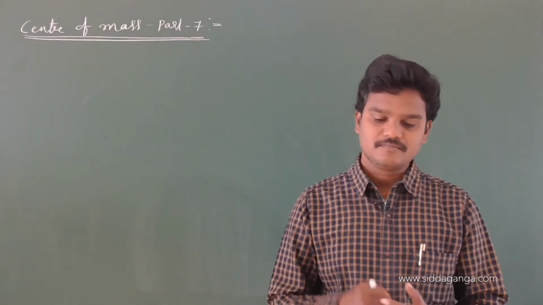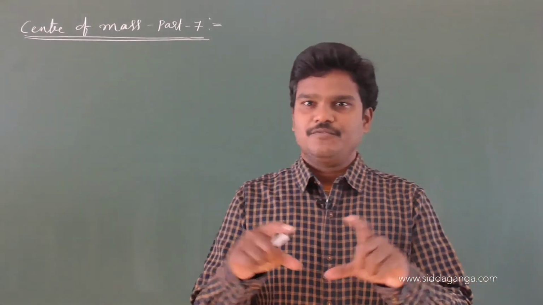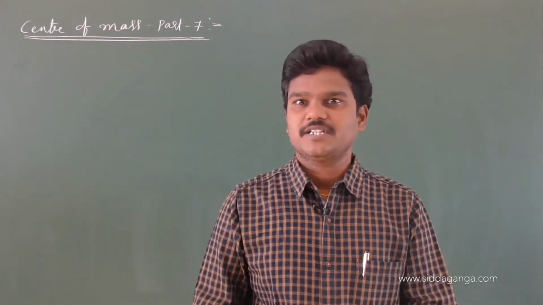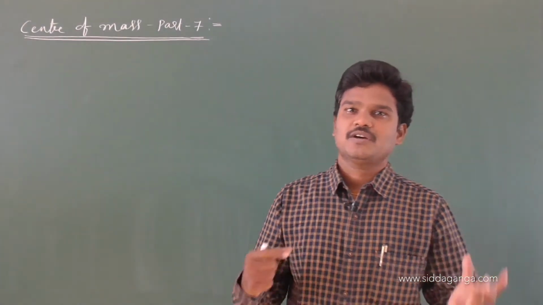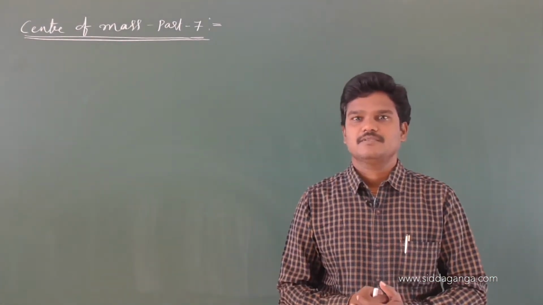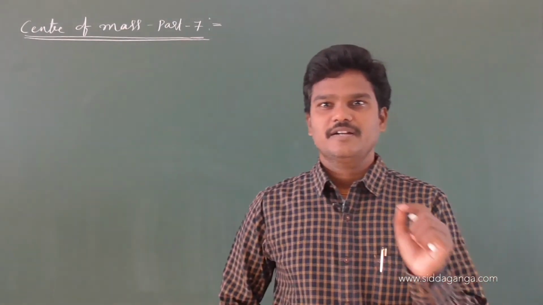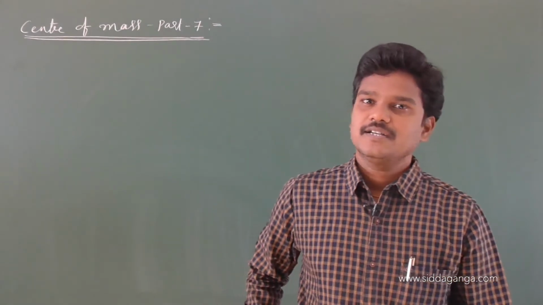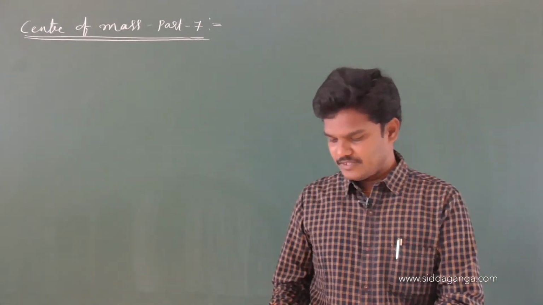Later we covered if 2 rods are joined to form a T shape, again we got the center of mass, and 2 hollow cylinders whose radii are r1 and r2 joined end to end, and in that case also I calculated center of mass. Now let me continue.